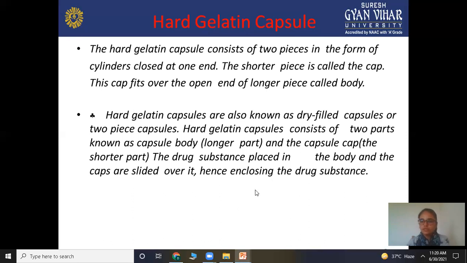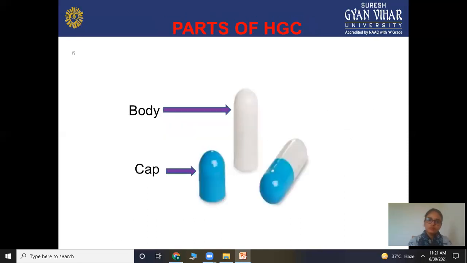The filling material in a hard gelatin capsule should always be in a dry form, but in a soft gelatin capsule it may be semi-solid, liquid or solid, depending on the type of formulation.